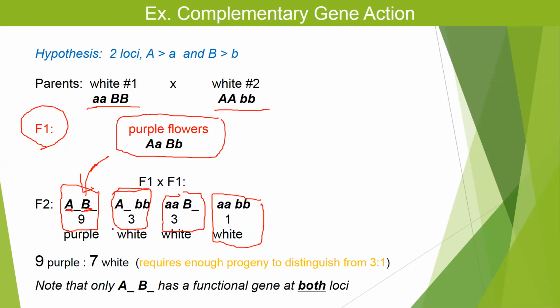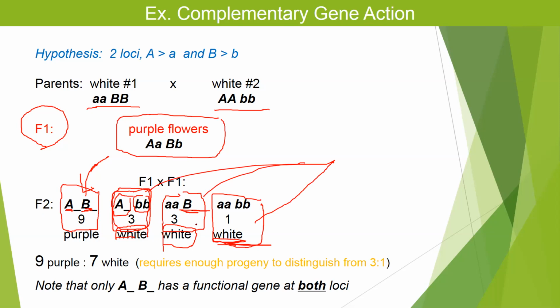If we look at it here, only the first gene is functioning, but the second gene is mutant. So the second step in the pathway has been blocked. So this will give us the mutant phenotype. The same thing for this one, right? Only the second gene is functional. And for this one, both genes are non-functional. So these 3 categories yield the same phenotype, the mutant phenotype.